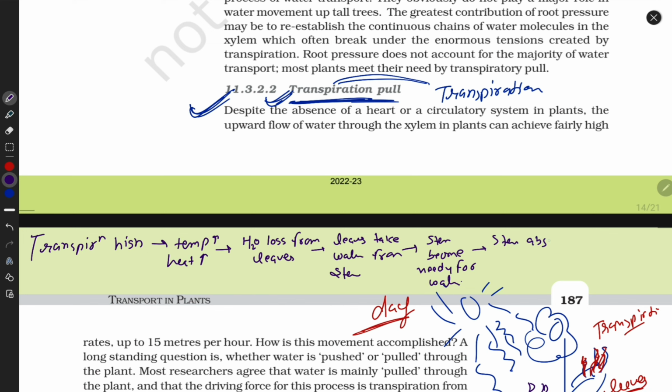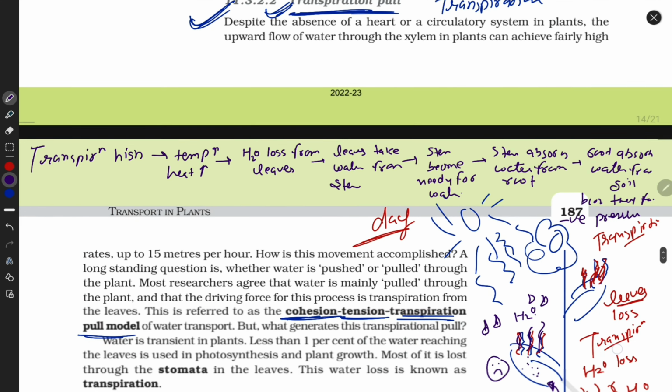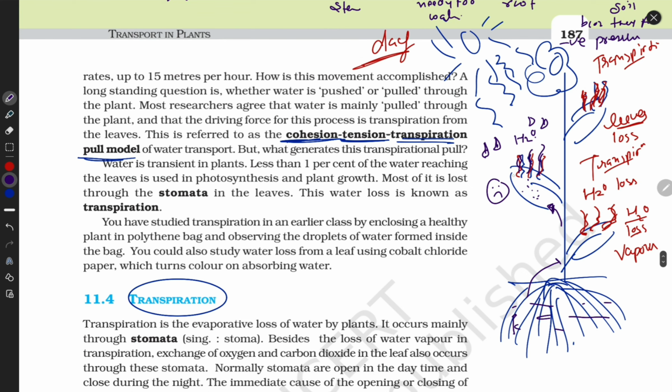The stem absorbs water from roots and roots absorb water from soil because they face negative pressure. Yes, because of transpiration they lost water. Because of loss of water, the root feels some negative pressure.